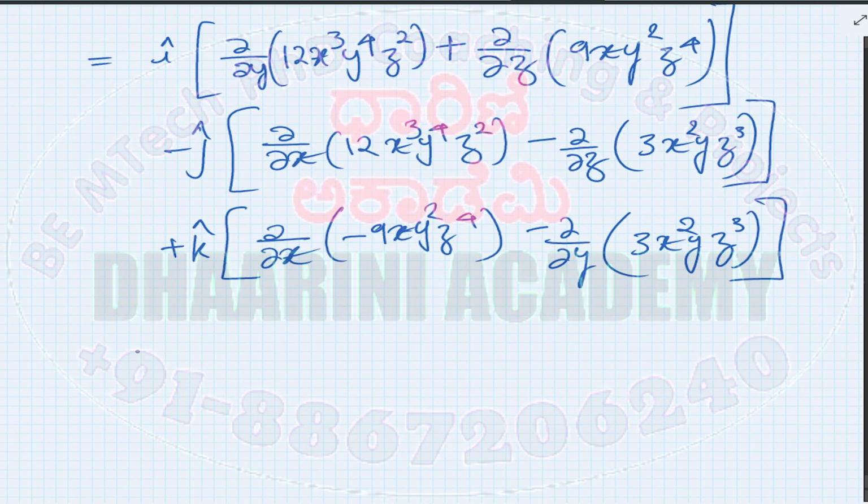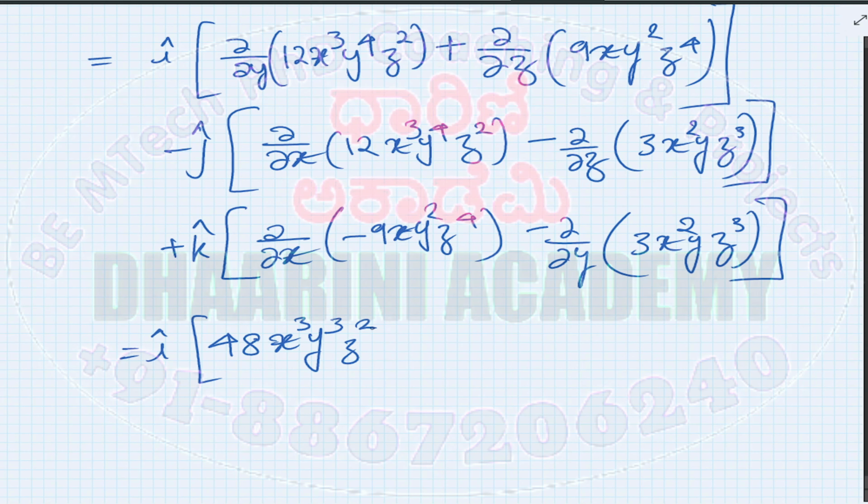So this is equal to i cap into, the differentiation happens with respect to y in the first term. So there is 4y cube. So 12 into 4, 48. 48 x cube, x remains as it is. Y's power will be reduced, so y, 4 becomes 3, z square.